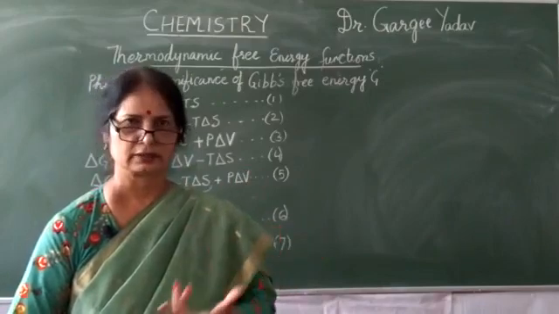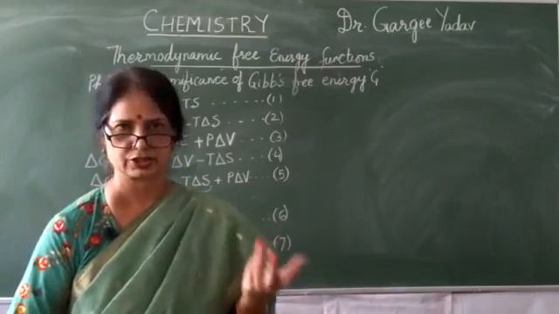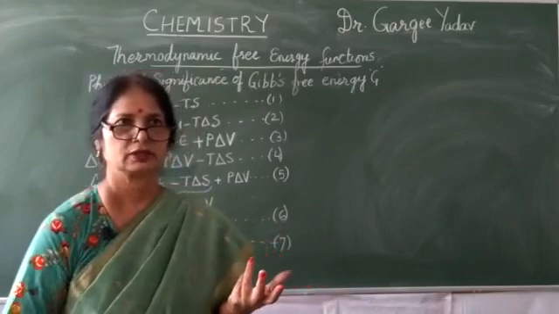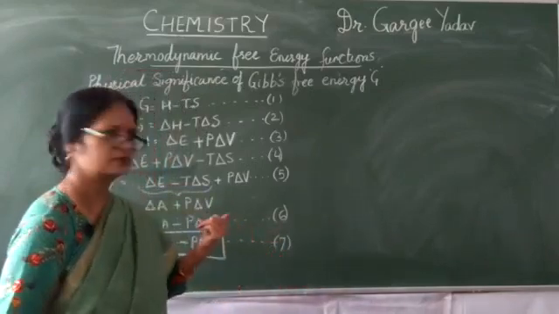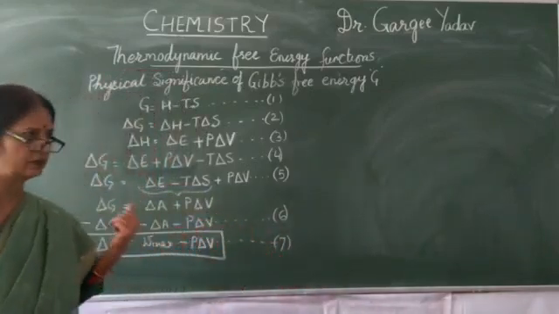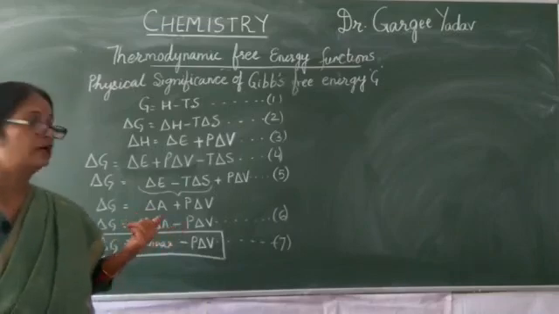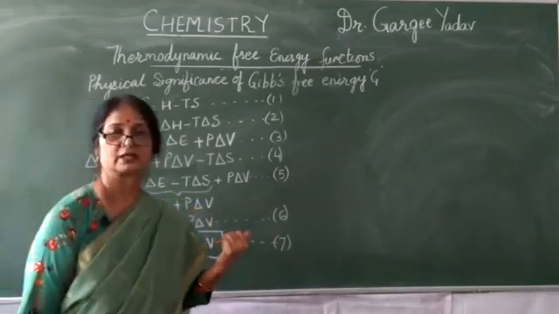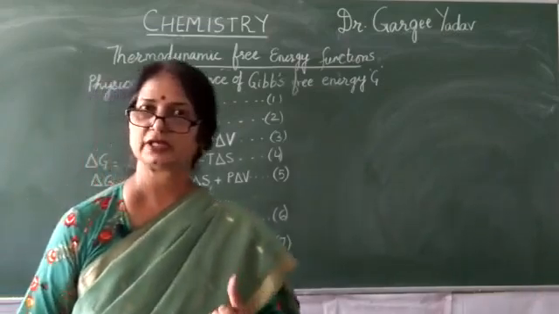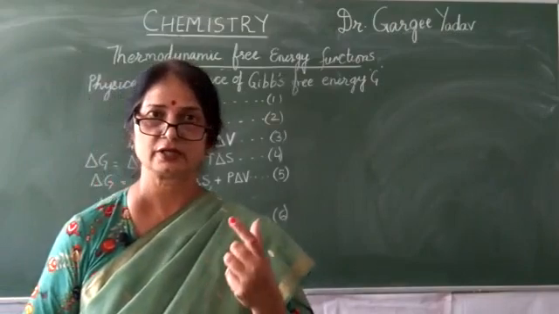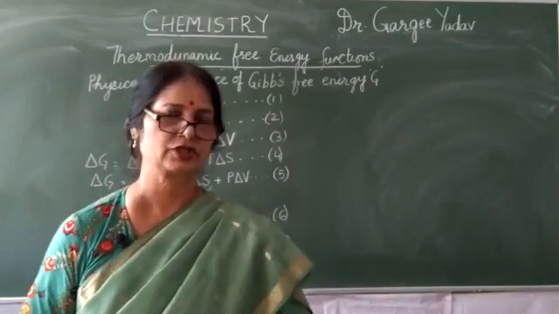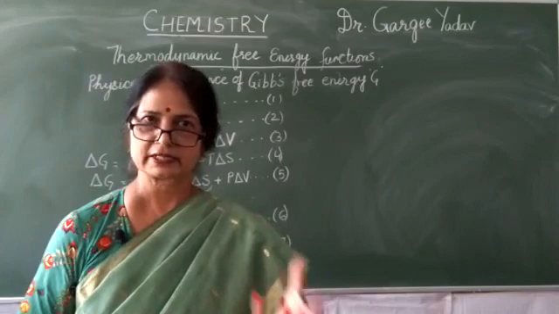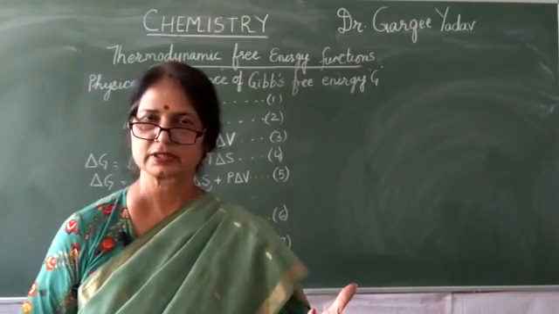Moreover, both are extensive properties and both are state functions. So that's the main difference between them, that they are carried out under different conditions. Moreover, ΔA, the change in the free energy, the work function, is given by the maximum work that can be obtained from the system.